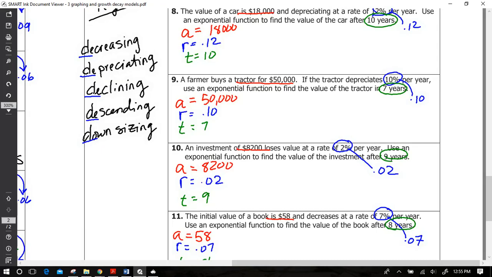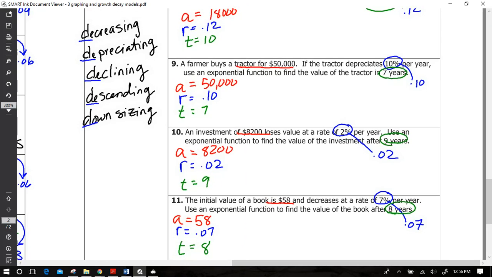Back, I have gone through each of these 4 problems, and I've identified all the important information that I need to write the equation. So if you need to pause this for a minute and take a look at all of my original values, all of my rates, and all of my times, you can go ahead and do that. And I've also identified them in the word problem. Okay, and down here for number 11, my time is 8 years.